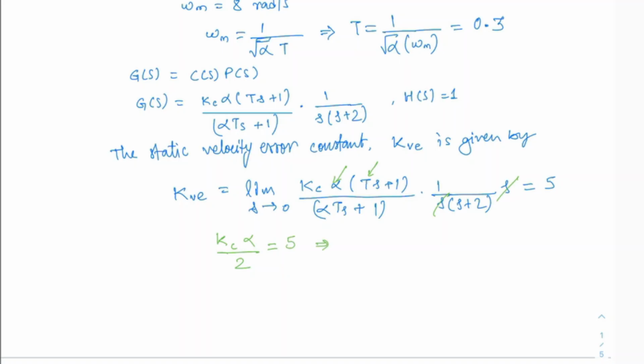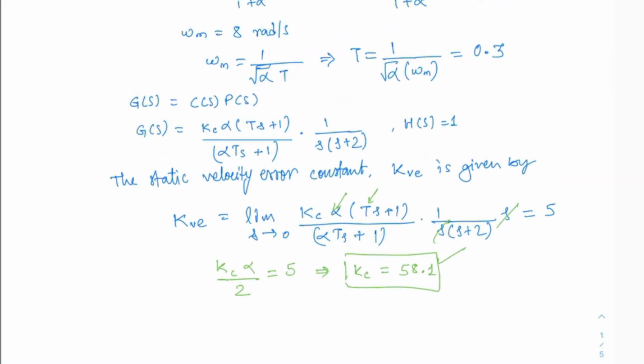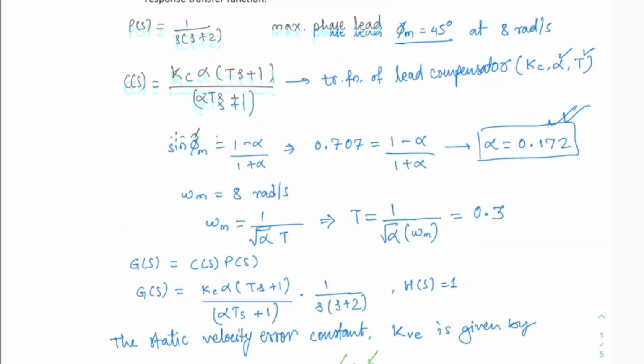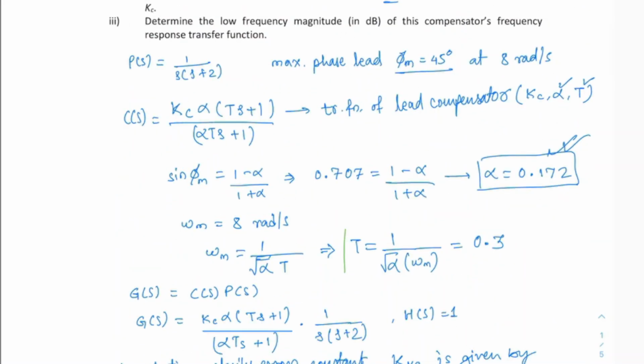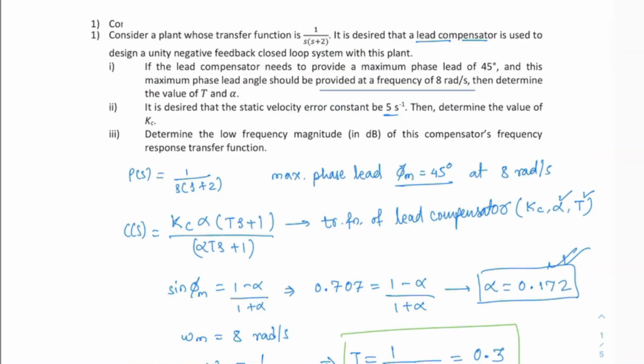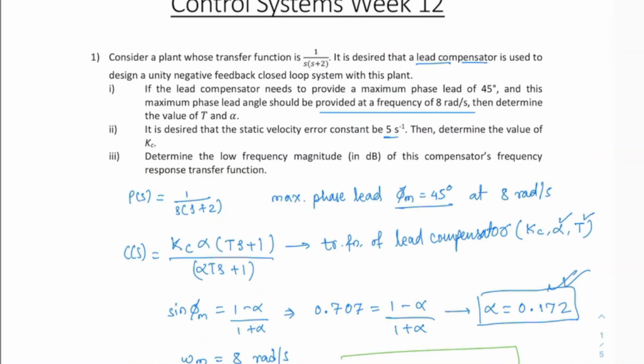This implies, after substituting alpha equals 0.172, we get Kc to be 10 over alpha, which is 58.1. Alright, so now we have found Kc, alpha, and T. That completely describes the controller C of S.